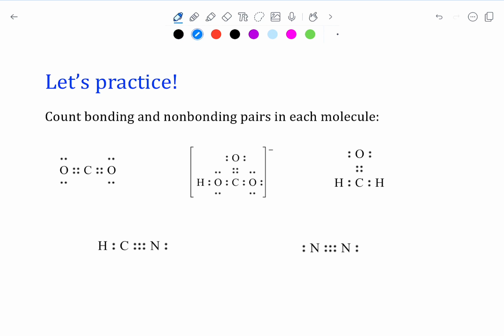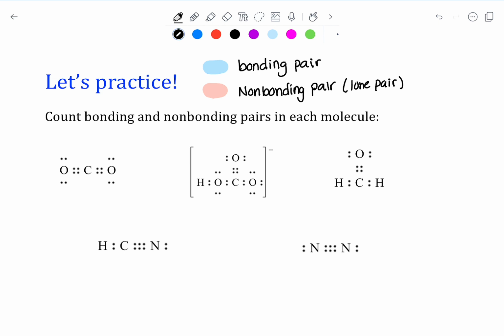So I'm going to use my highlighter here, and anything that's highlighted in blue is a bonding pair. And anything that's highlighted in red is a non-bonding pair, also known as a lone pair. They're not participating in the bond.